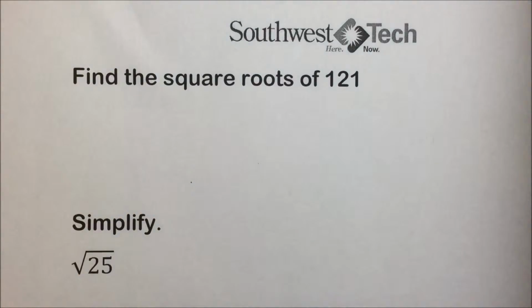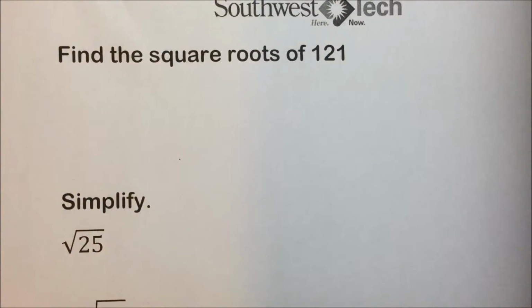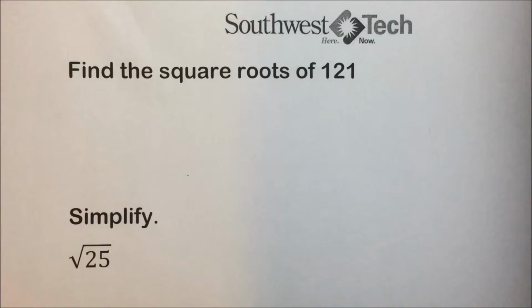In this first example, it's asking us to find the square roots of 121. Whenever we look for solving a problem similar to this, we're asking ourselves what number times itself gives us 121.